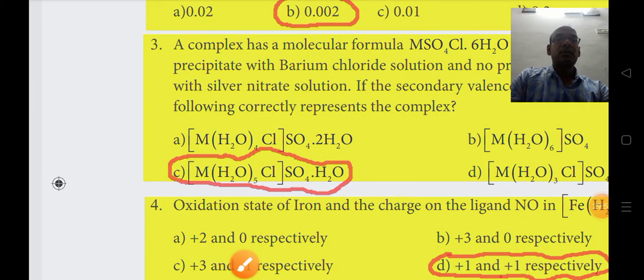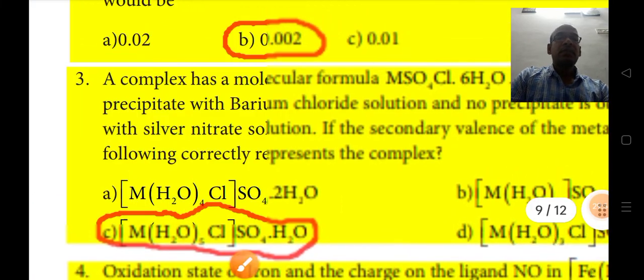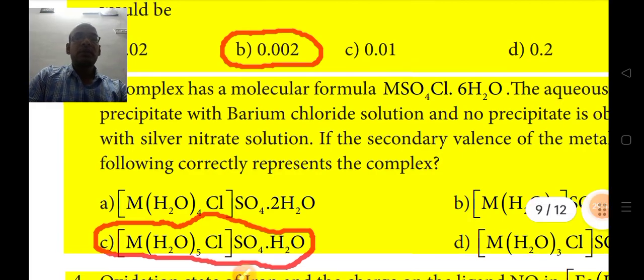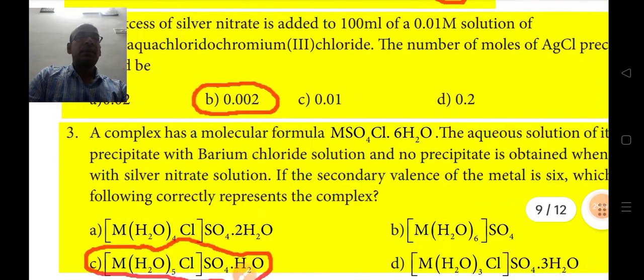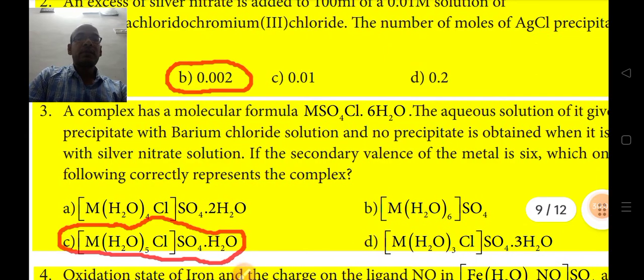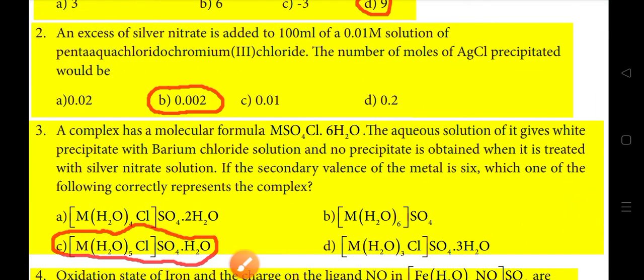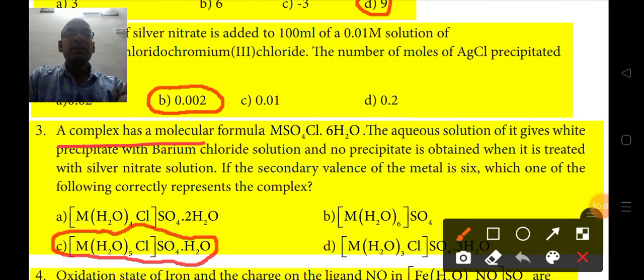Question number 3. A complex has a molecular formula MSO4Cl·6H2O.